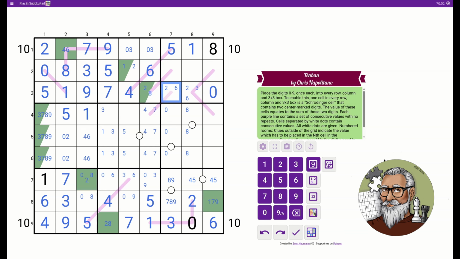Right. Can this be a 2, 6? Well, yeah, because then we could have a 7 in multiple ways. And could it be a 6? I guess it can, right?